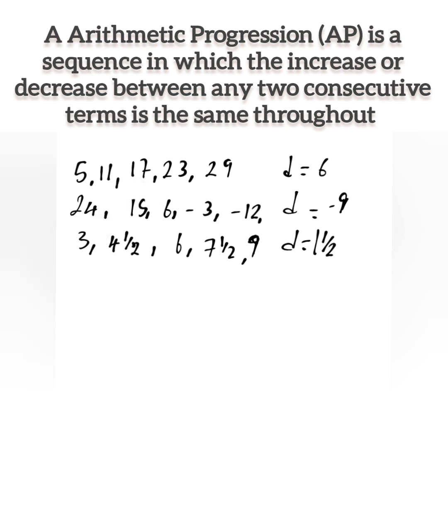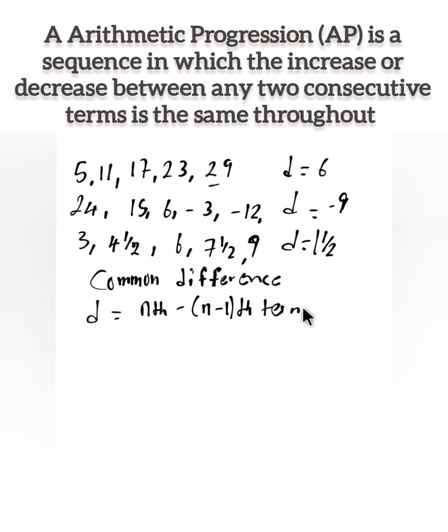Now, in arithmetic progression, this d is the common difference. The common difference is the difference between any two consecutive terms. So if this is the nth term, then the number before the nth term is the n minus 1 term. So the common difference can be equal to the second term minus the first term.